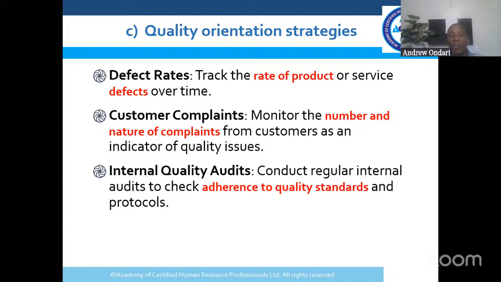So as an auditor, you look at the regularity of the checks and whether there is compliance with the quality standards that we have set for ourselves. For example, those of us working in the banking industry, the standard is that you cannot serve a customer for more than 7 minutes.